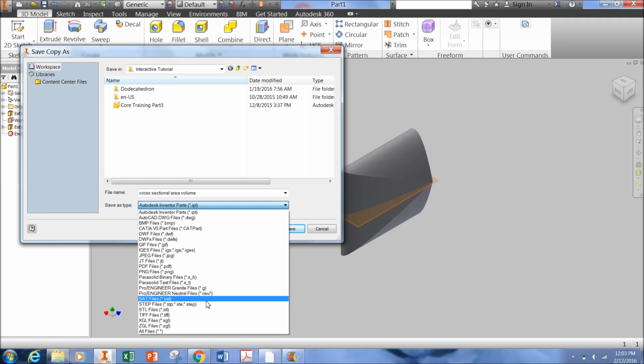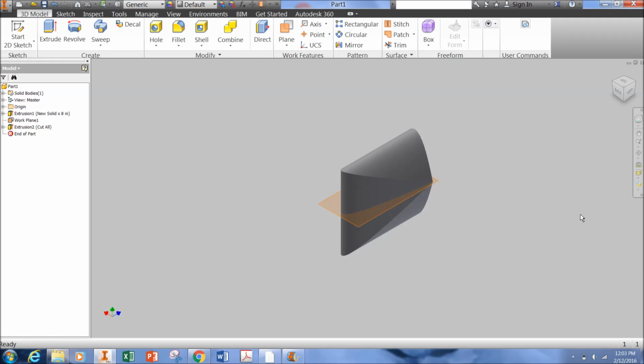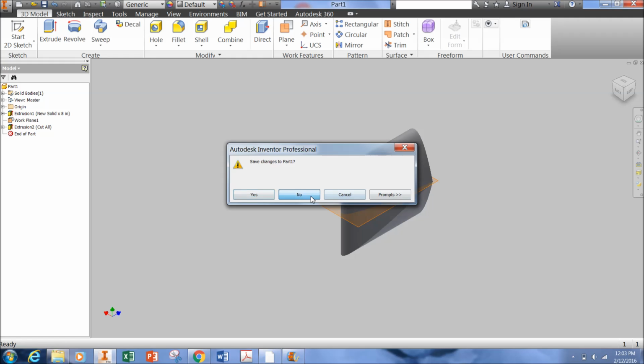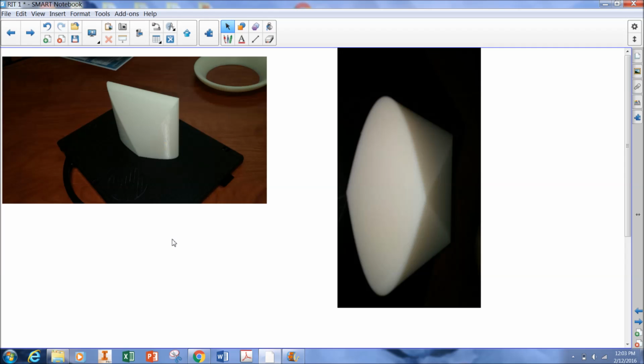Choose a .stl file. Save. And now we can go to a printer and print it off. As you can see, both models show the XZ plane curve, and this is the XY plane, two curves in the parabola.